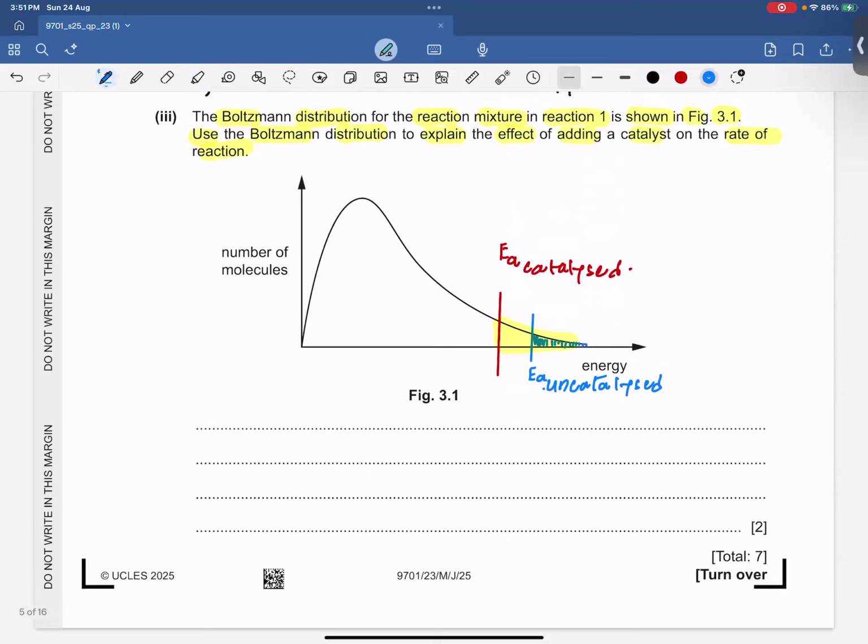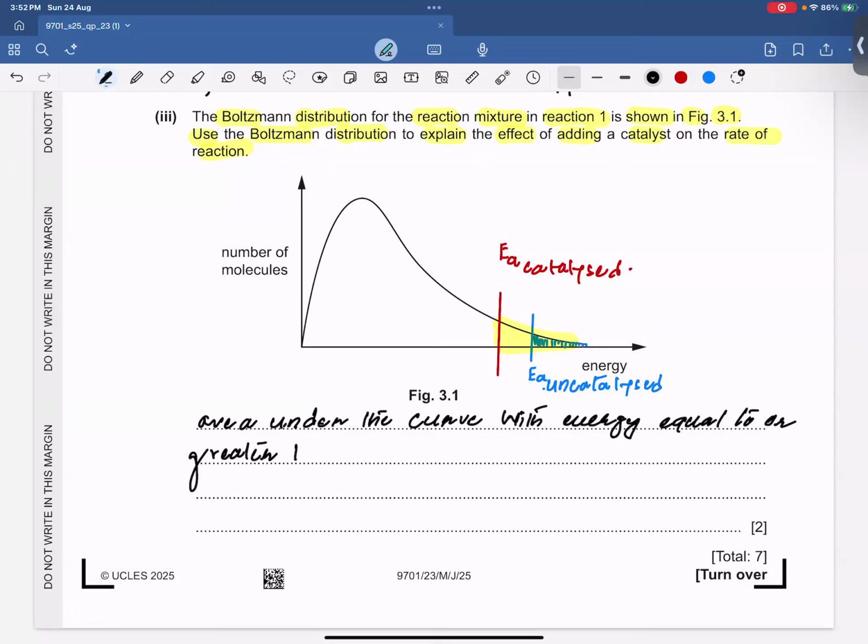So what we can write here is the area under the curve with energy equal to or greater than activation energy using a catalyst is larger.